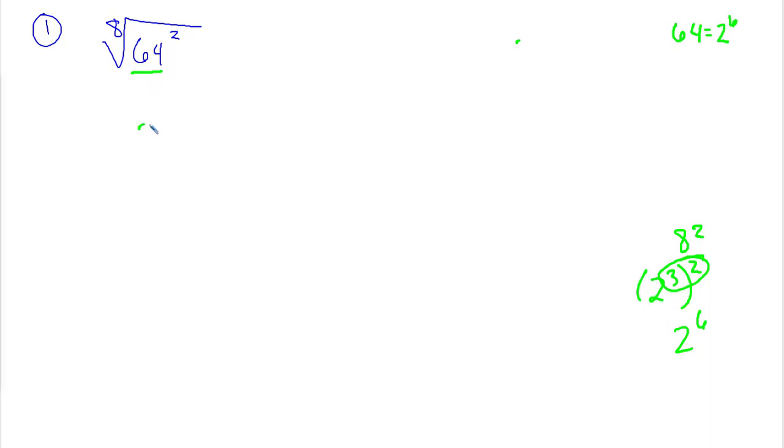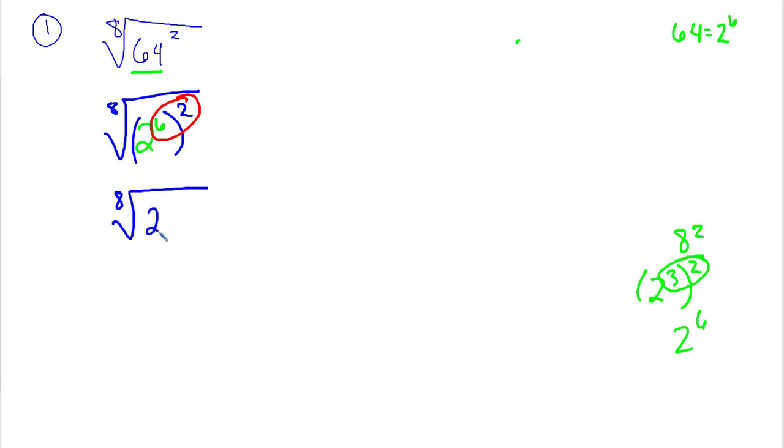So 64 is 2 to the 6th. So I have the 8th root of 2 to the 6th raised to the second power. Now I need to simplify these exponents. When you raise a power to a power, you multiply the exponents. So 6 times 2 is 12, so that's 2 to the 12th.